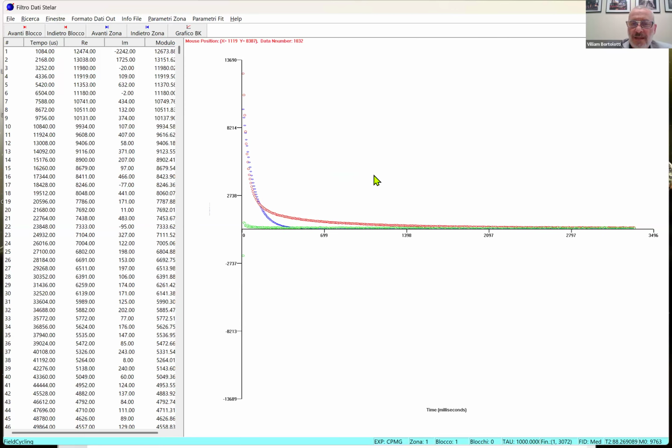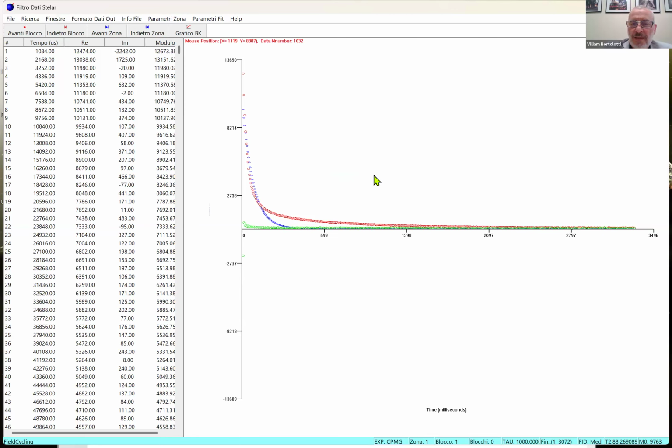Okay, apparently this is not a bad acquisition. It is not enough to have a visual look at the data. It is also necessary to perform some computation to be sure. So apparently it's not so bad.